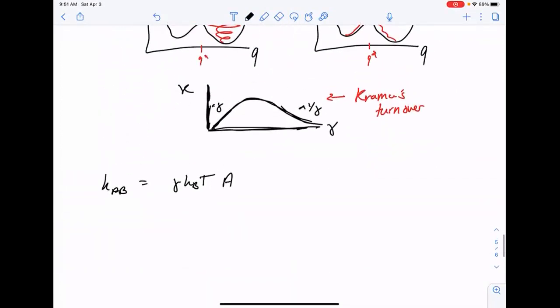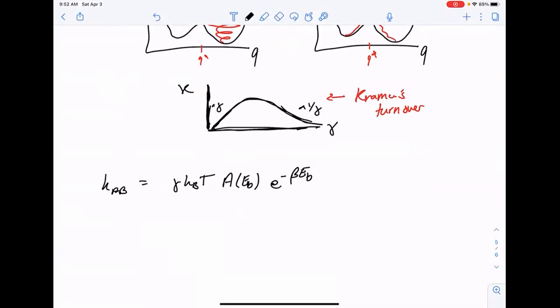So I will still have a Boltzmann probability to get to the top of the barrier in the limit that the barrier height is very high. I can do a saddle point approximation to those integrals and just evaluate the action at the top of the barrier multiplied by that probability to get to the top of the barrier.